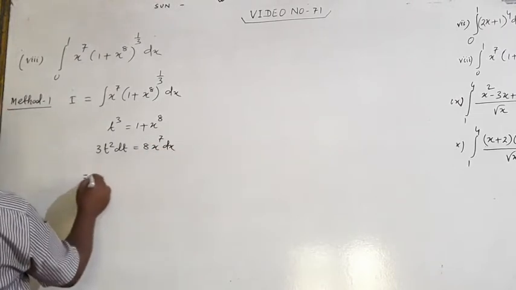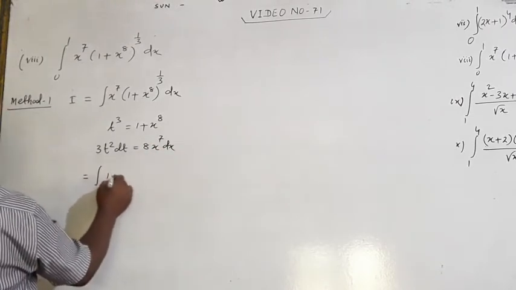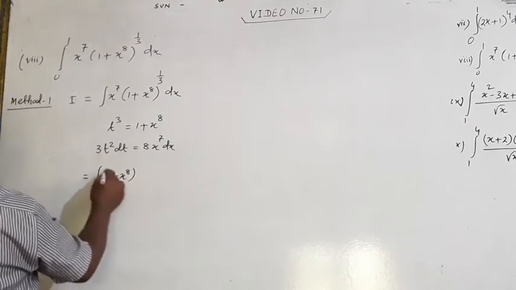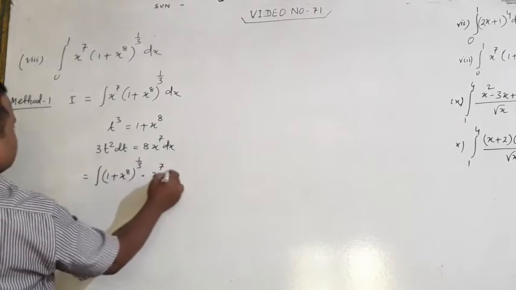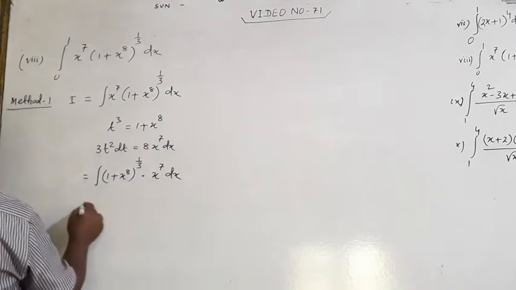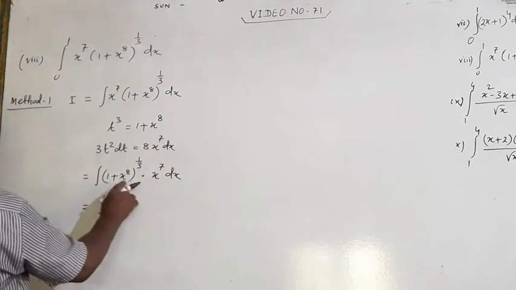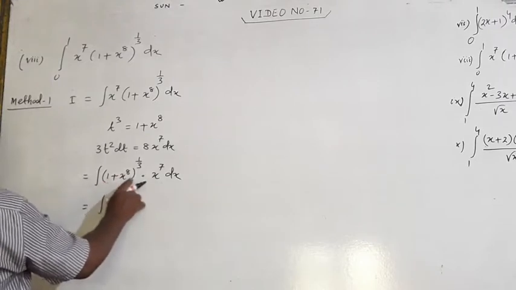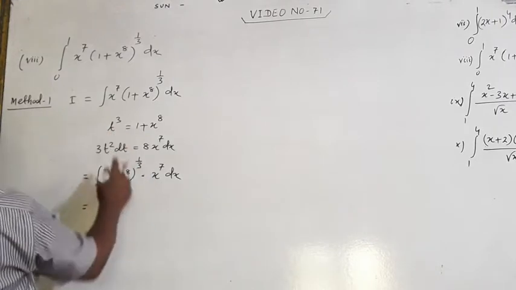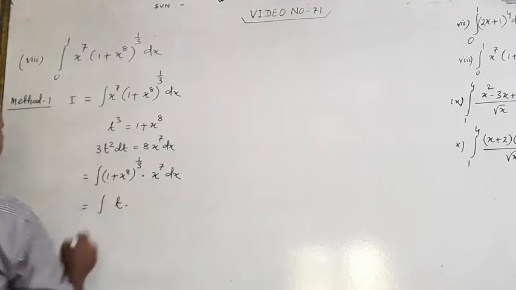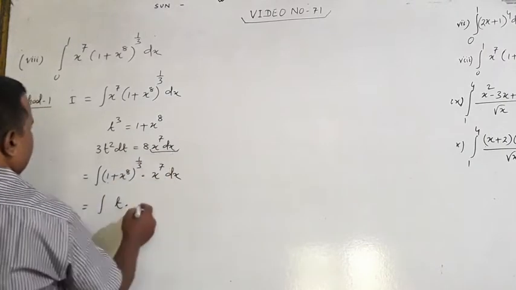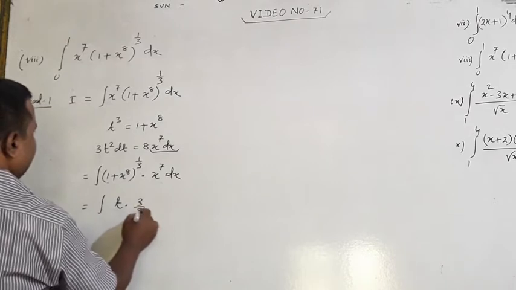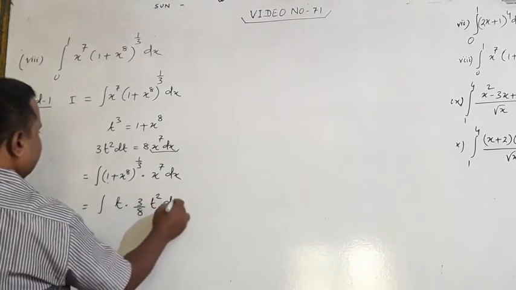Then first you have to write (1 plus x to the power 8) to the power 1 by 3 into x to the power 7 dx. Okay, then (1 plus x to the power 8) to the power 1 by 3 is simply t, and in place of x to the power 7 dx you have to put 3 by 8 t square dt.